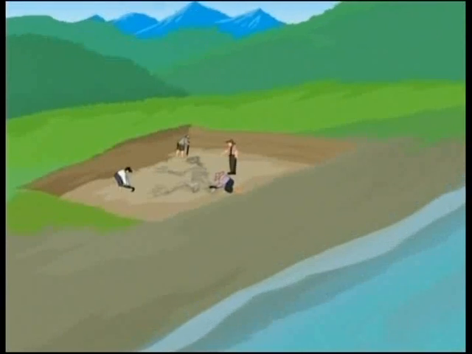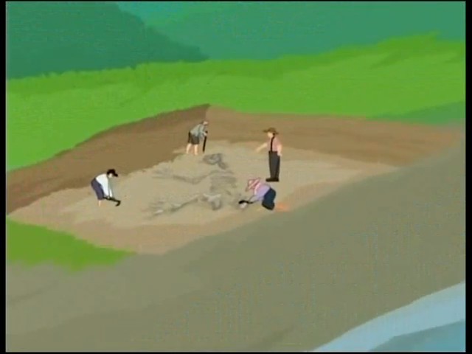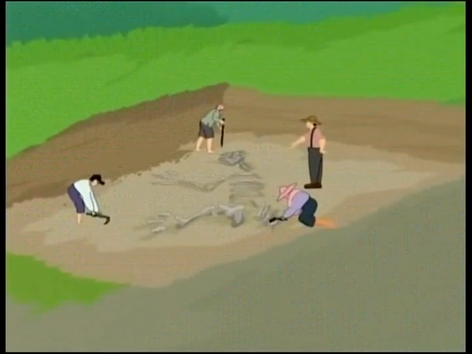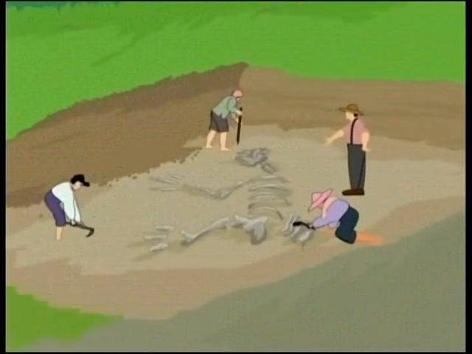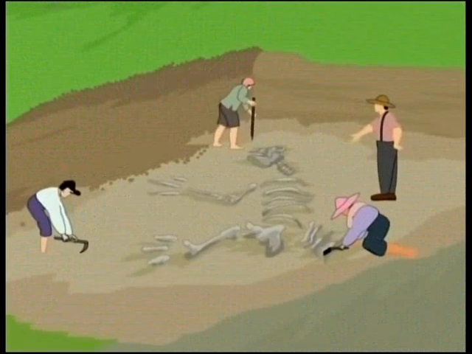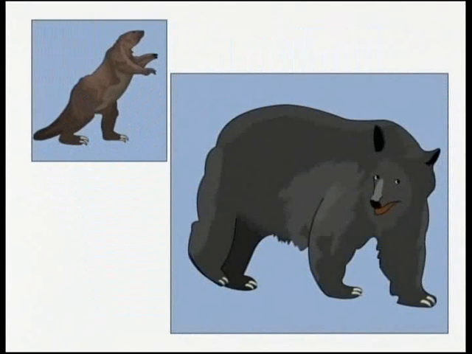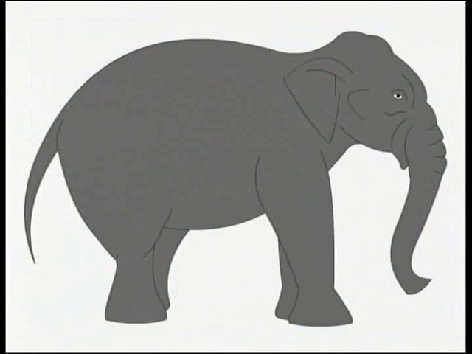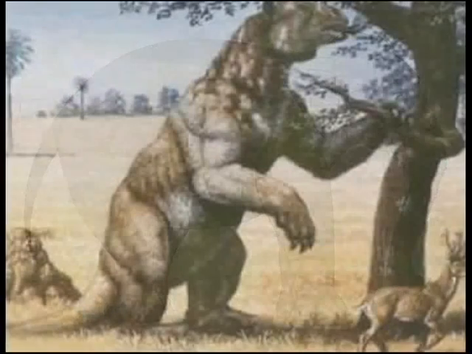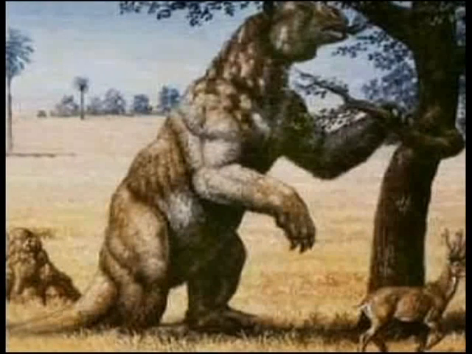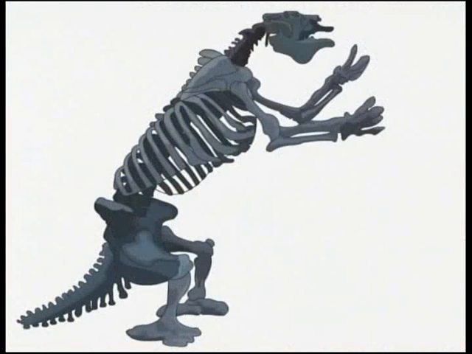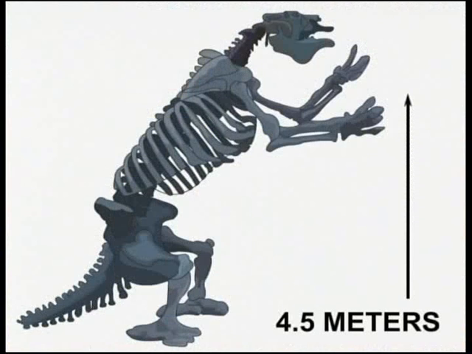It is interesting to know that in the year 1789, huge bones were dug out on a muddy river bank in the Argentinian pampas. They belonged to a bear-like mammal, almost as big as an elephant. This beast had massive, hooked claws, and when it stood on its hind legs, it would have been 4.5 meters in height.